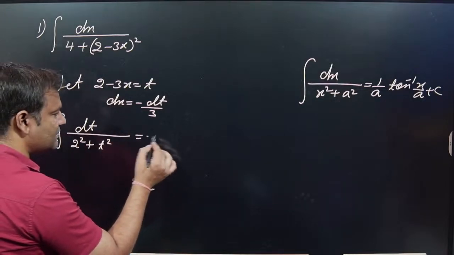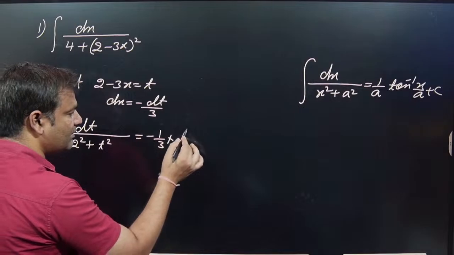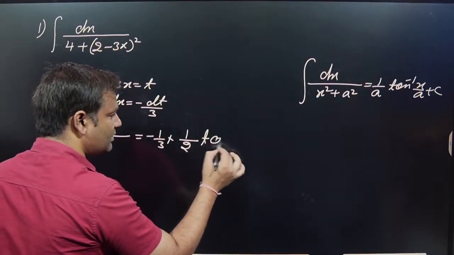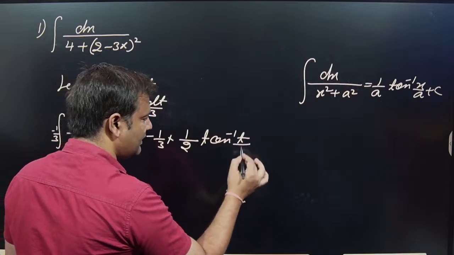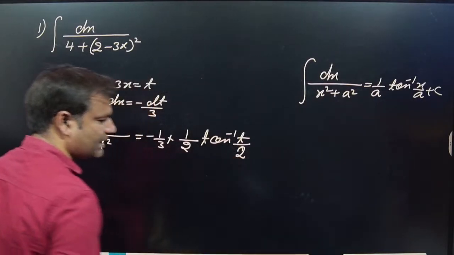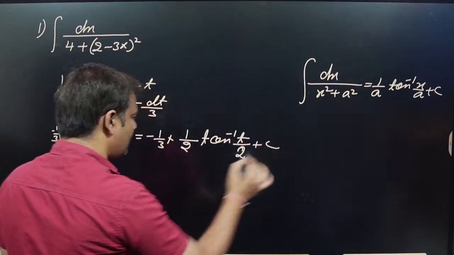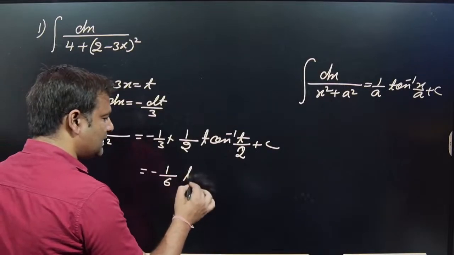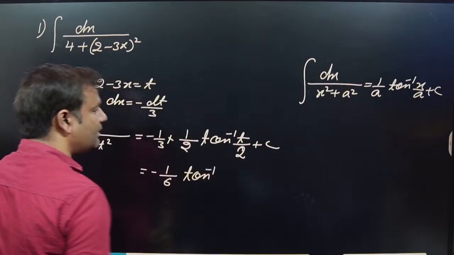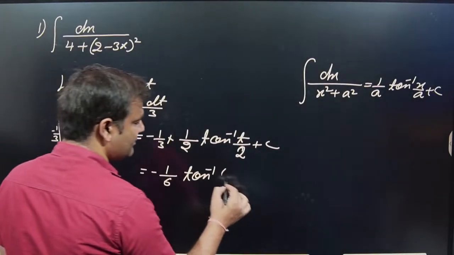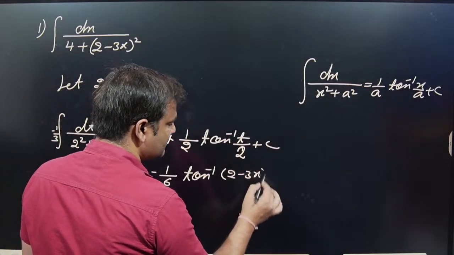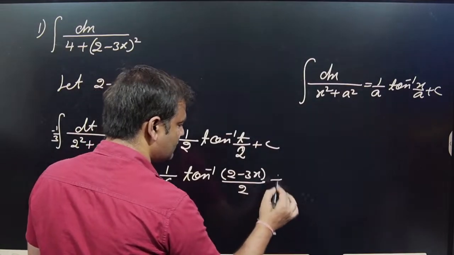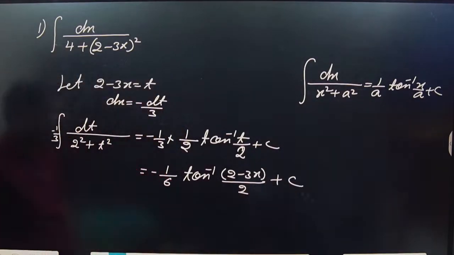So you can say that 1 by 3 into 1 by a is how much? 2. 2 into tan inverse t upon a means how much? 2 plus c. After that, this one is written as minus 1 by 6 into tan inverse of (2 minus 3x) by 2 plus c, is the right answer.